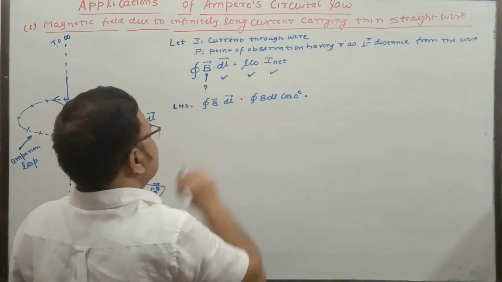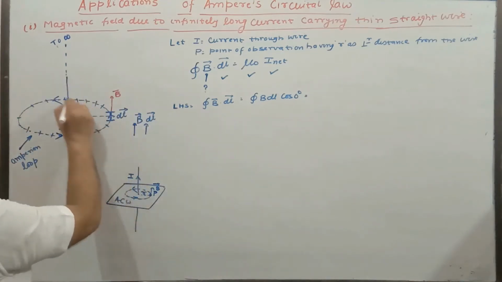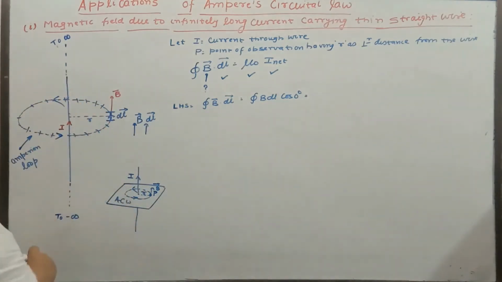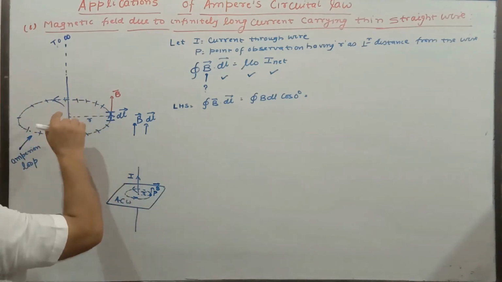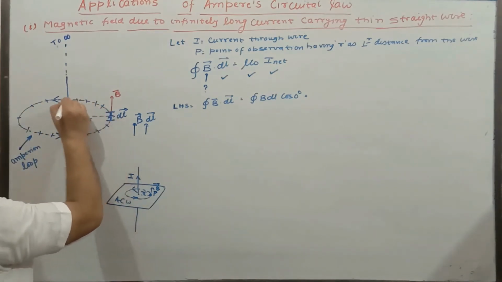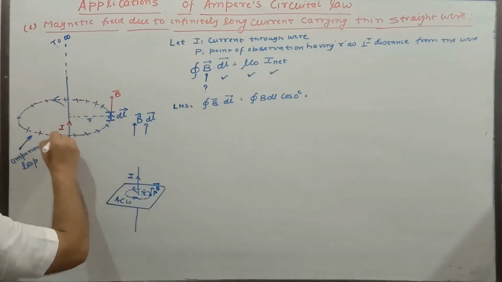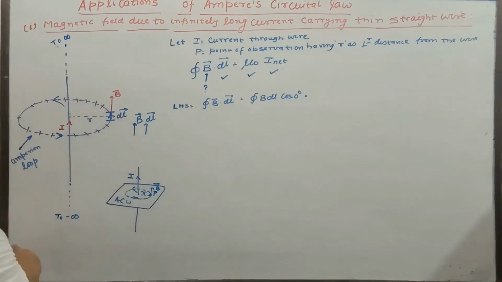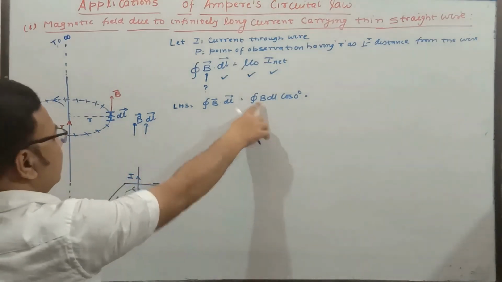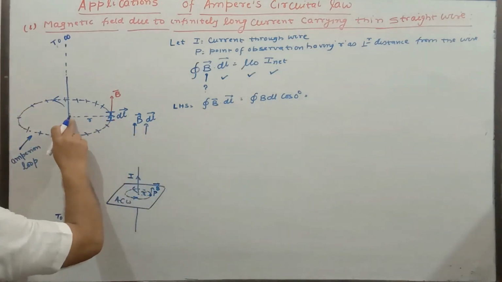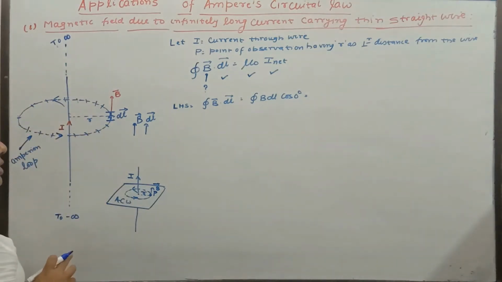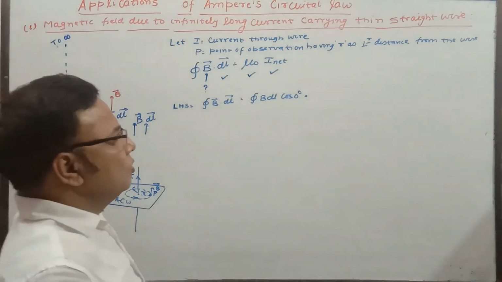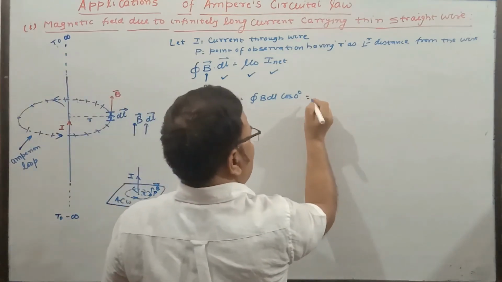Here B is constant at each and every point of the periphery of this Amperian loop, or you can say that at all the points the magnitude of B is constant. Though the direction is changing at all the points, the magnitude remains the same. Here we are going to see the magnitude. So the magnitude is constant. Why so? Because all the points on the periphery of this Amperian loop are at the same distance, and the magnetic field, you know, is the same due to symmetry.